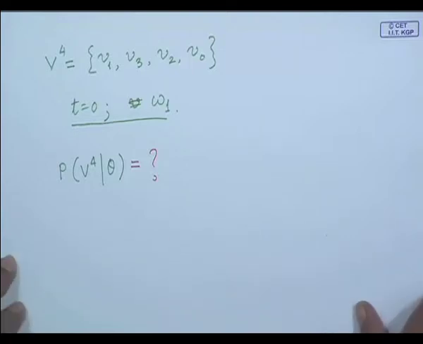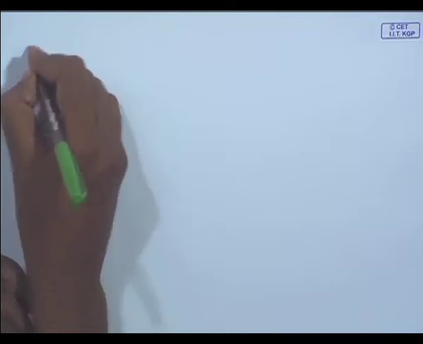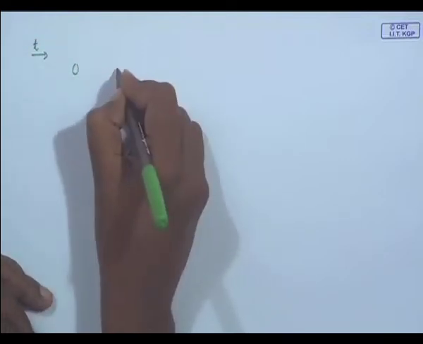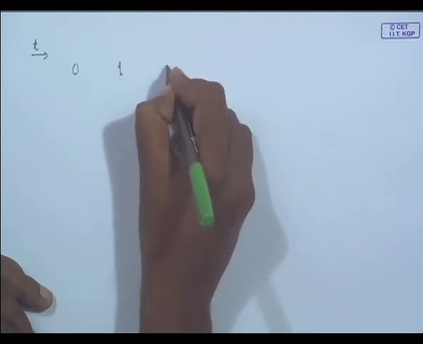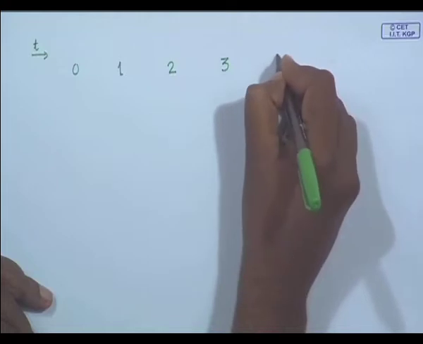So, in order to solve this problem, let us have a diagram which is called trellis diagram. So, at different instants of time, I put t in this direction: at t equal to 0, t equal to 1, t equal to 2, t equal to 3 and t equal to 4.